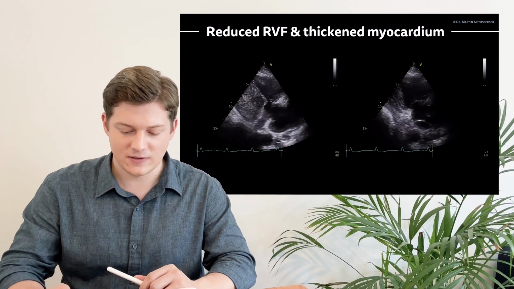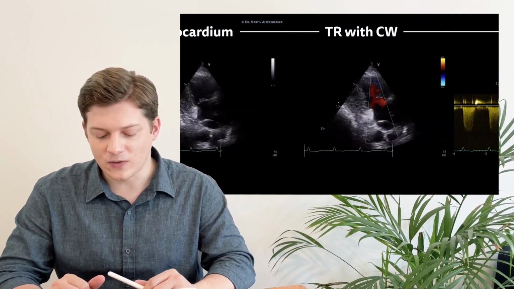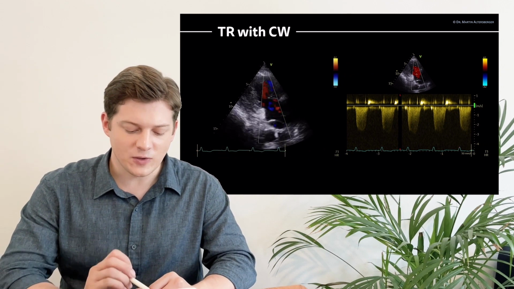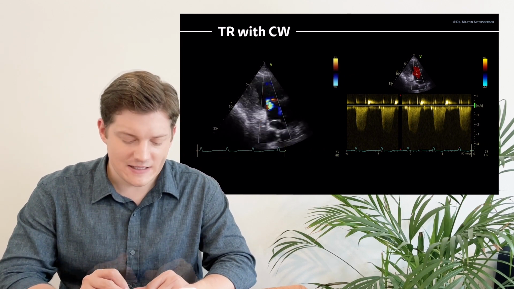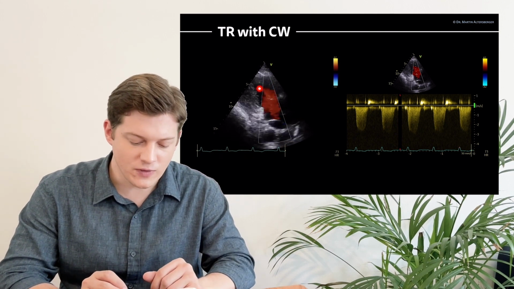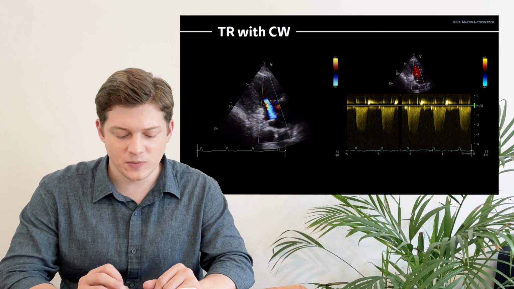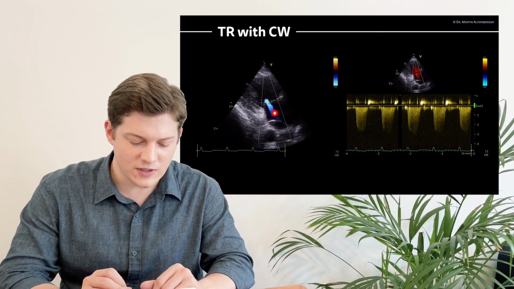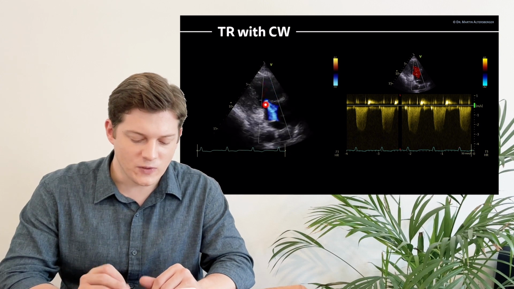If we then continue and add color and continuous wave Doppler, in color Doppler we can see a little bit of the inflow into the right atrium and the inflow into the right ventricle from the right atrium, but we also see the tricuspid regurgitation. Here you can see tricuspid regurgitation. You can also grade it over here.